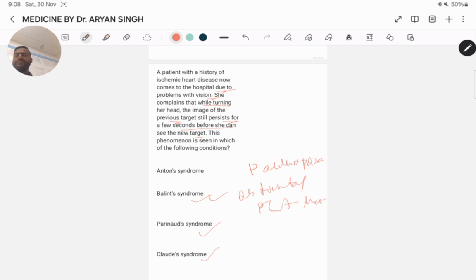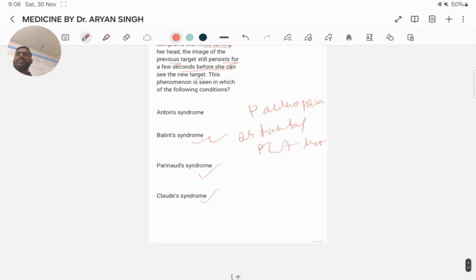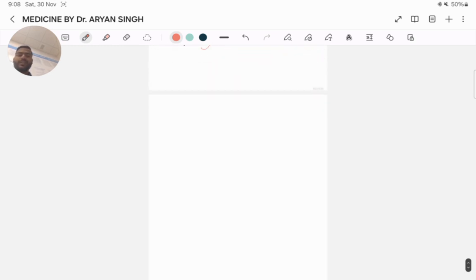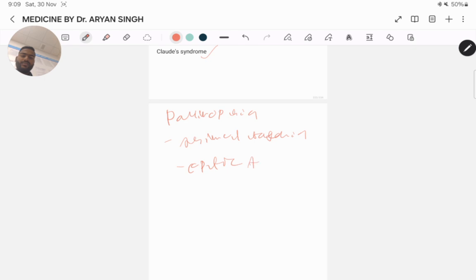It is characterized by palinopsia, persistence of a visual image despite gazing at another scene, simultanagnosia, optic ataxia, and ocular apraxia. Ocular apraxia means inability to direct gaze accurately to a new target.